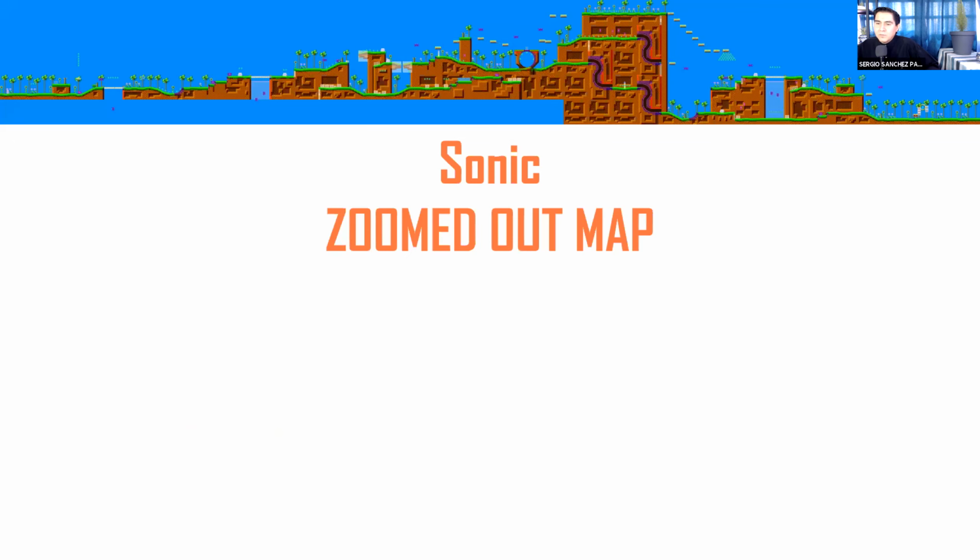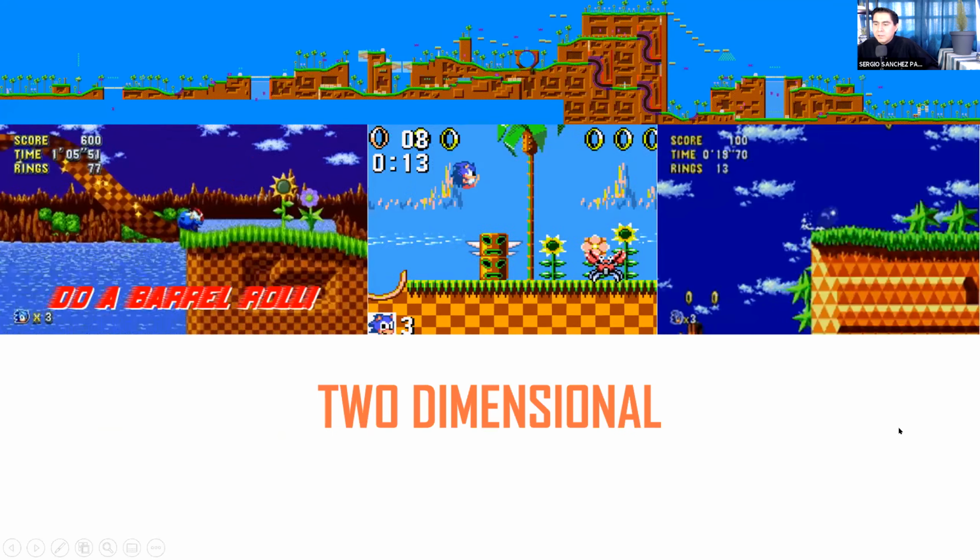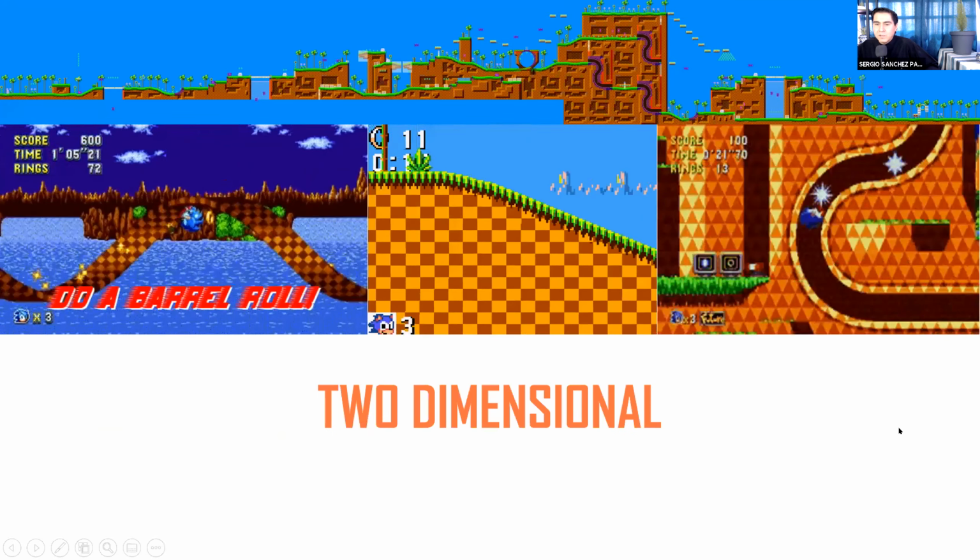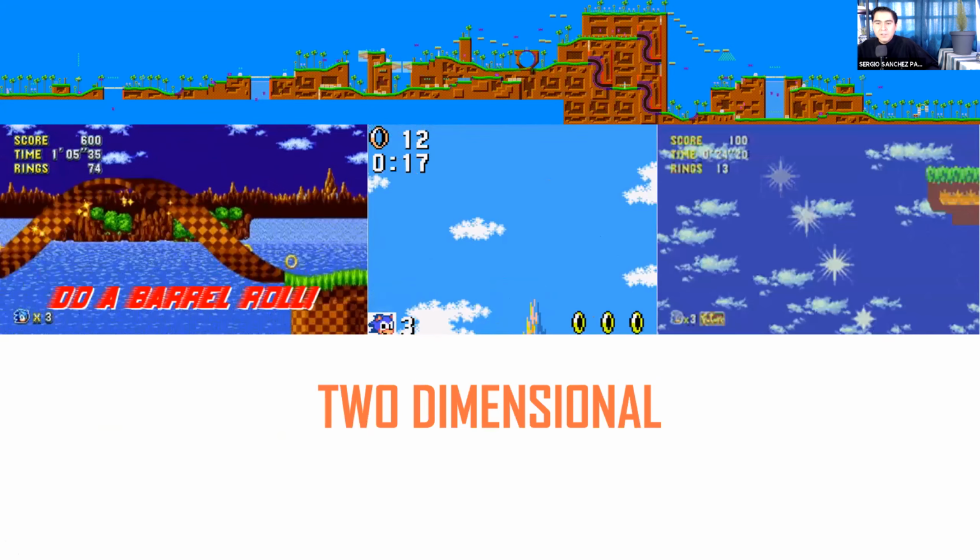So here's an example of what a platformer looks like from far away. This is a map from a video game called Sonic. If we look closer, this is what the video game looks like once you are playing it.